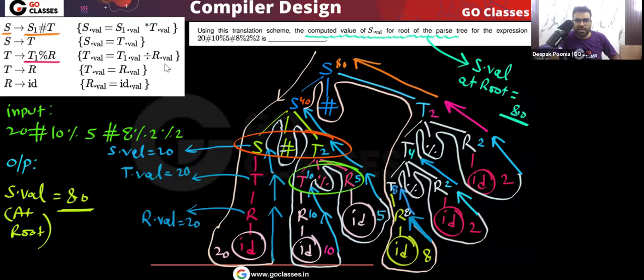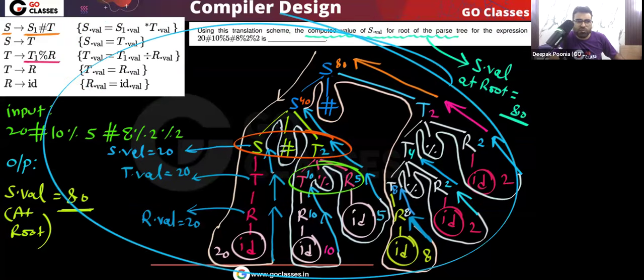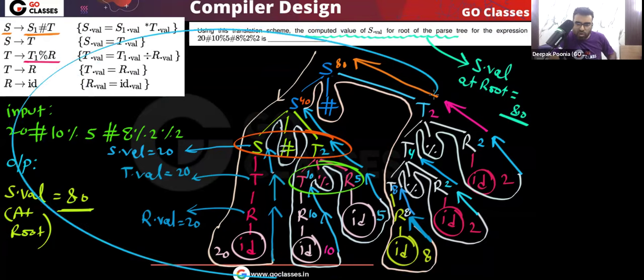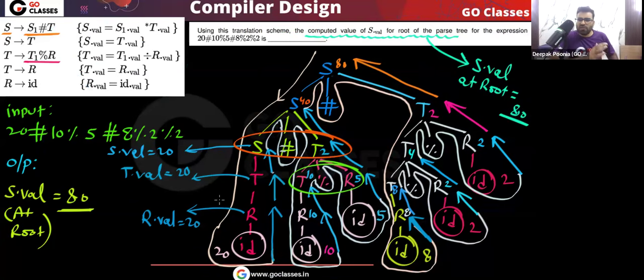But remember, if some variation comes, if they make changes in the semantic actions, this method will always help you. This method will always work whenever a postfix SDT is given.